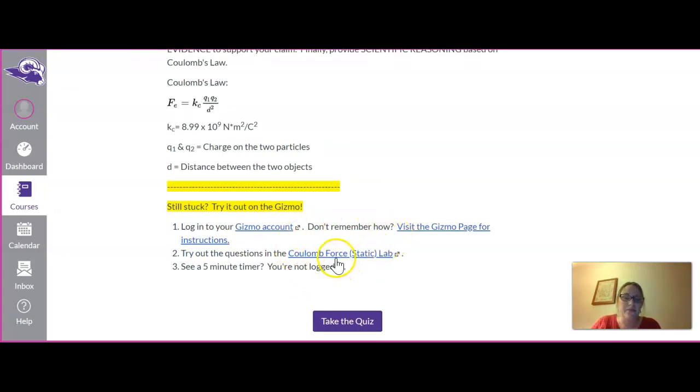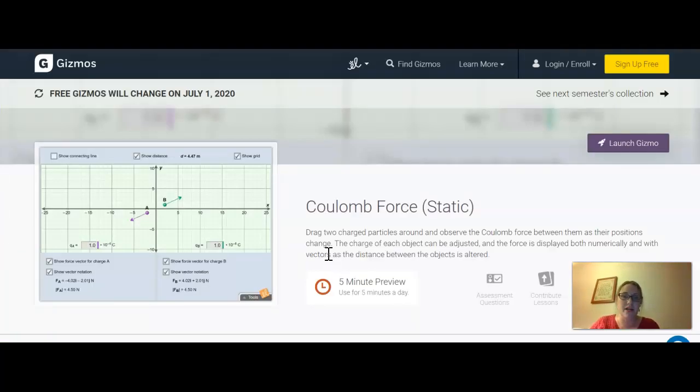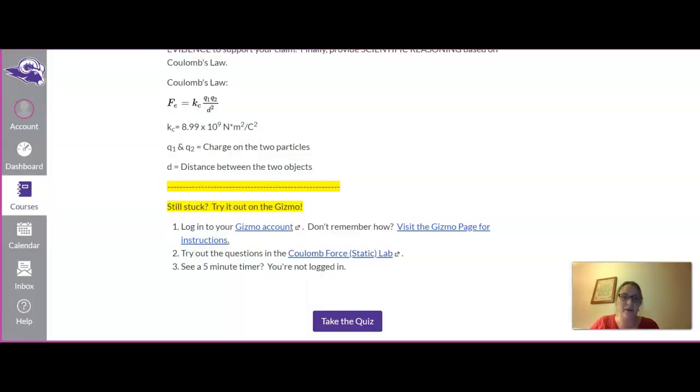For a lot of you, I don't know, for me, this would be a hard thing to jump back into without having worked on it right now in class, because it's a tough concept. So in the instructions is the link to the very same gizmo that practices it. If you're absolutely stuck and struggling, log into Gizmos and you can try it out on there if that will help you. Those are the 2 quizzes that are available right now.